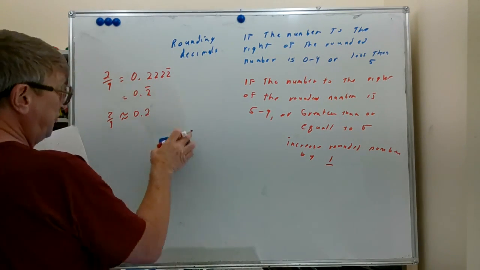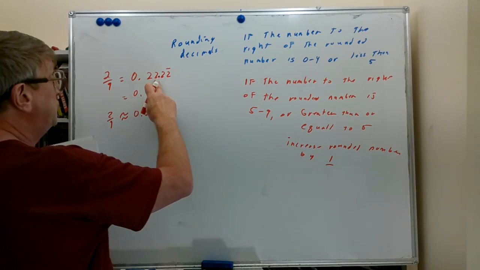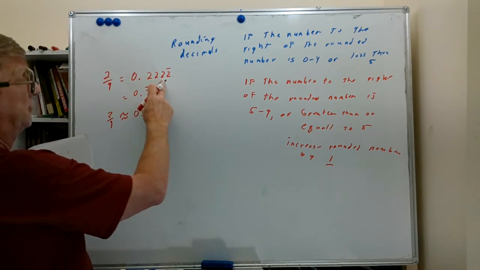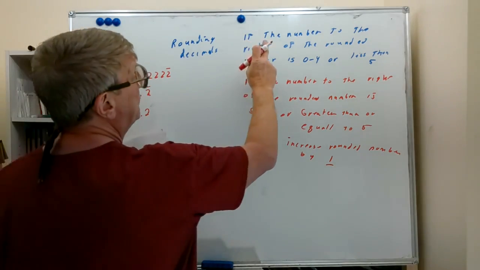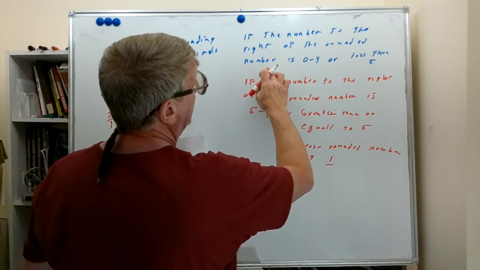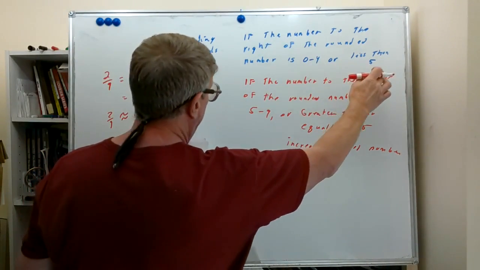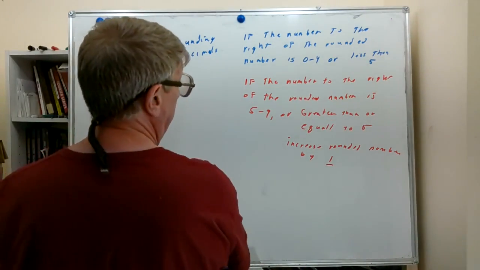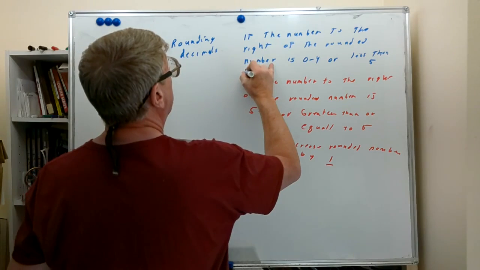Now, this is the rounded number. We've got to make a decision. Are we going to make that be a 2, or are we going to round it up to a 3? Well, the next number is a 2. If the number to the right of the rounded number is 0 to 4, or less than 5, we don't change the rounded number.